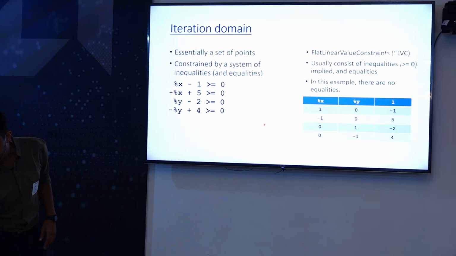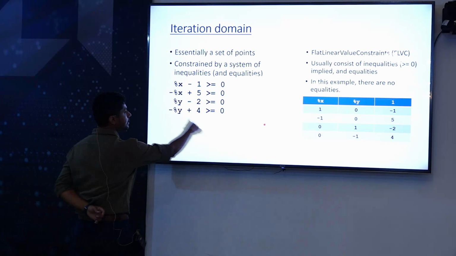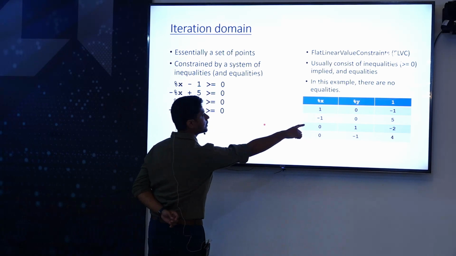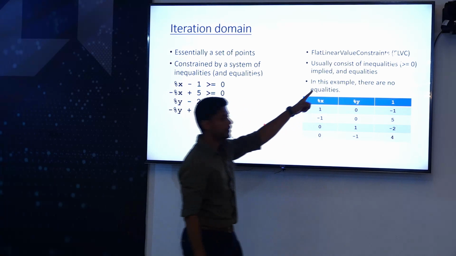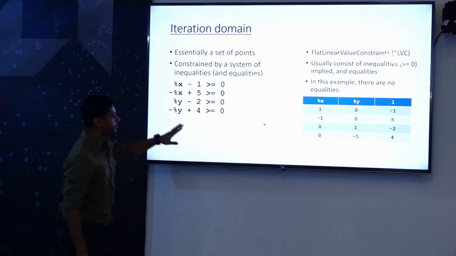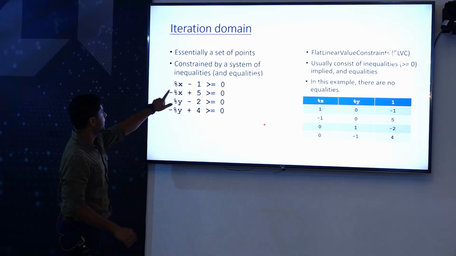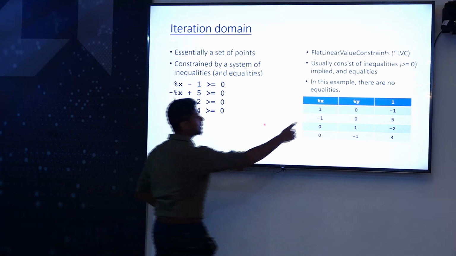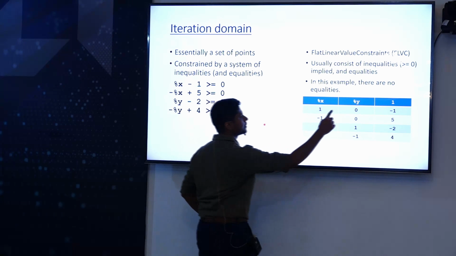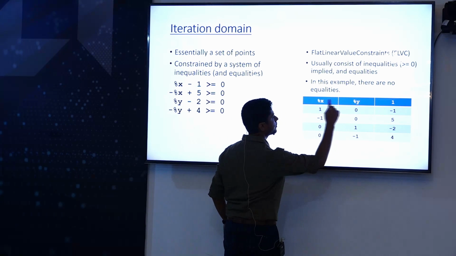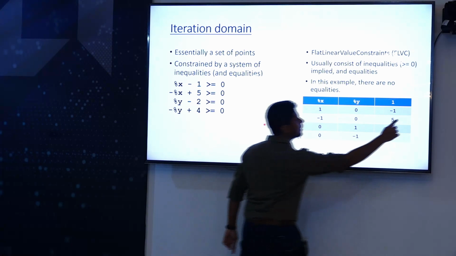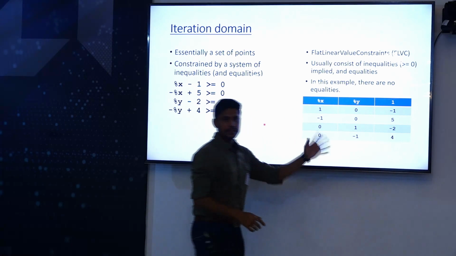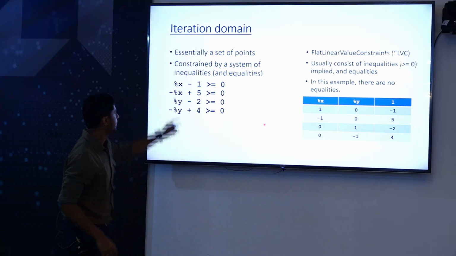Okay, this is somewhat involved now. This and this are equivalent. This is how it is going to be represented in MLIR. The structure is called FLVC, flat linear value constraints. Pretty simple to understand. So think of this as a multiplier 1 equal to 1 into x plus 0 into y plus 1 into minus 1. Assume that there is greater than or equal to 0 at the end, which is this.